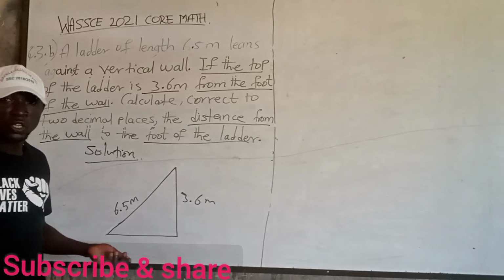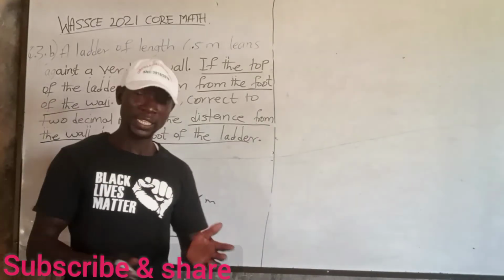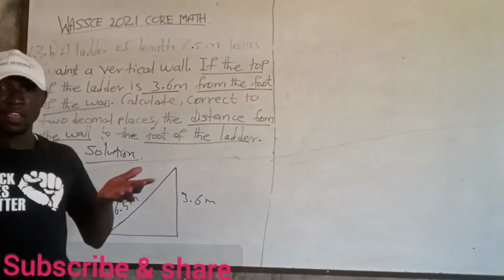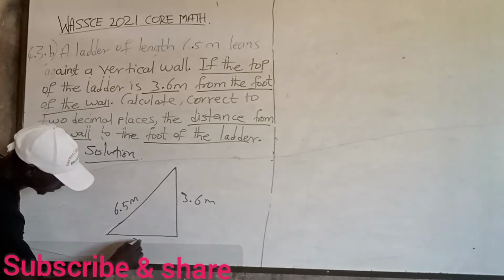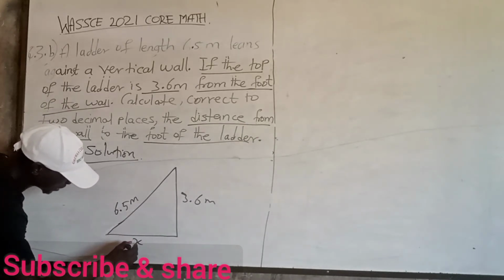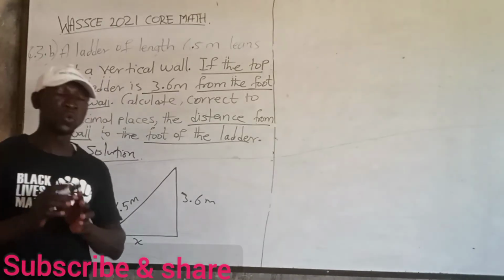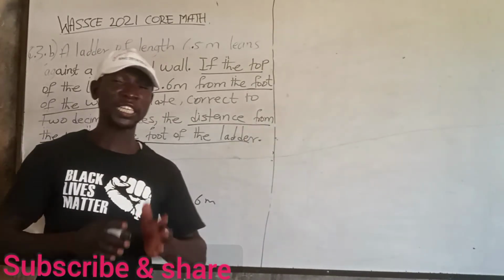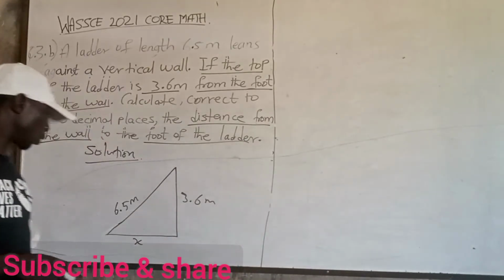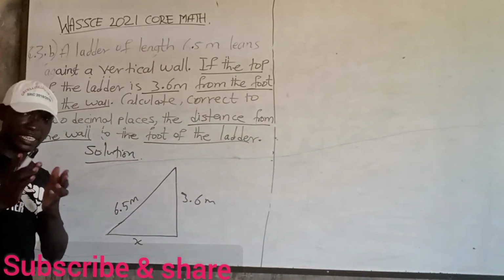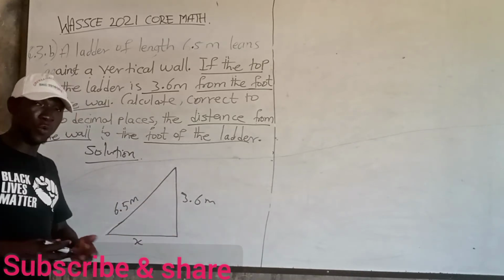That is not given. So we can decide to represent that side with a variable. For example, let's say x. You can also decide to represent all the vertices with letters, for instance A, B, C, and you are good to go.